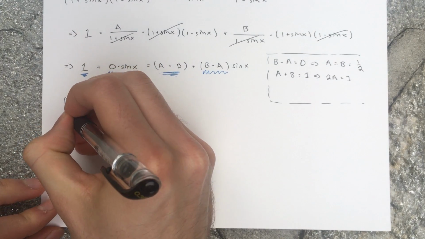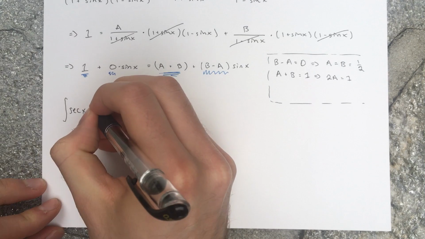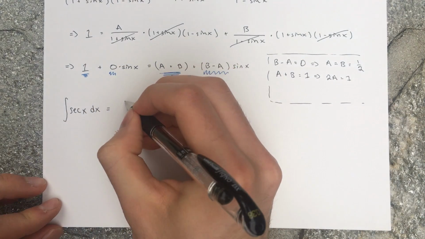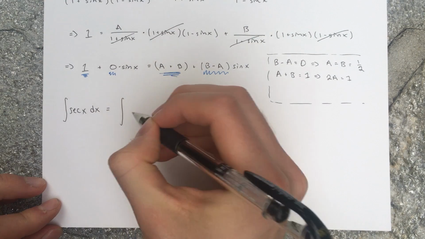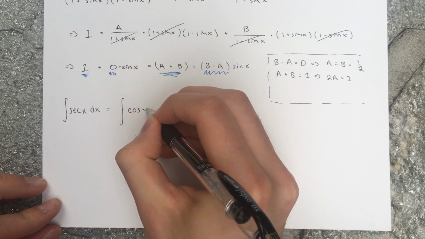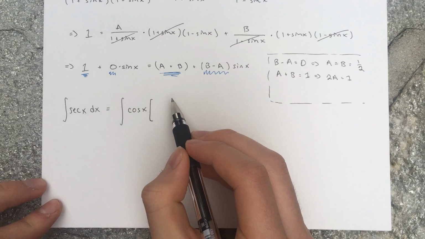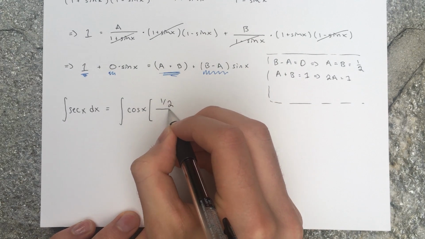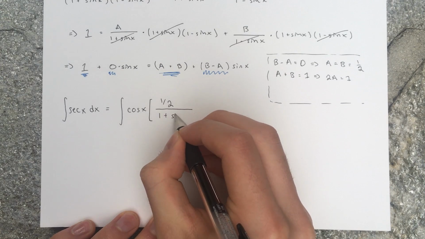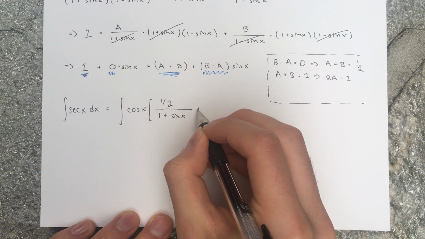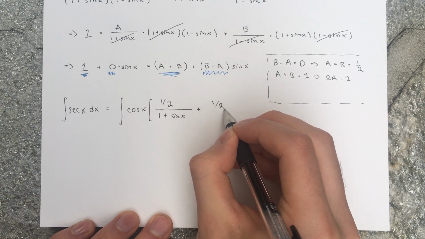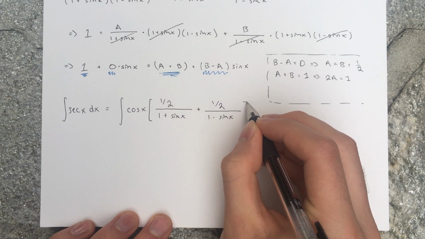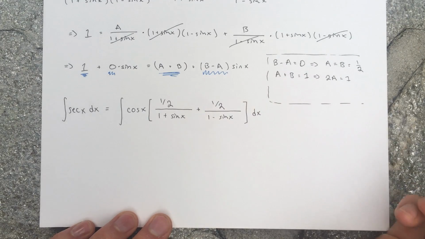So we have the integral of secant x dx is equal to the integral of cosine x times 1/2 over 1 plus sine x plus 1/2 over 1 minus sine x, and of course dx.